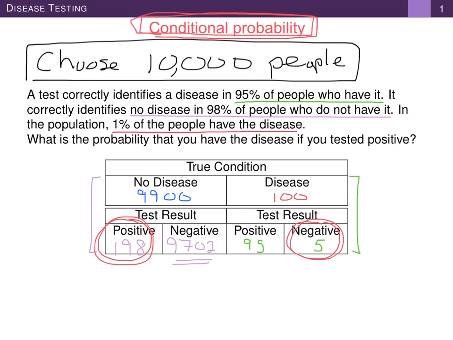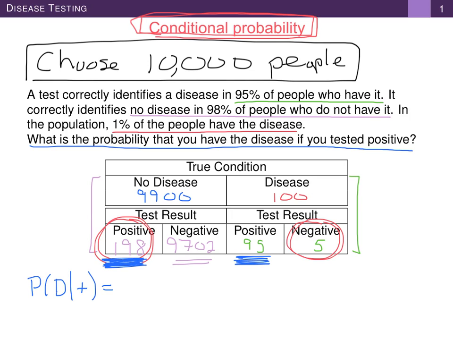What we're actually looking to do is find the probability that you have the disease if you tested positive. So what's the probability of having the disease given that I have a positive test? If I have a positive test, that means I'm here or I'm here.